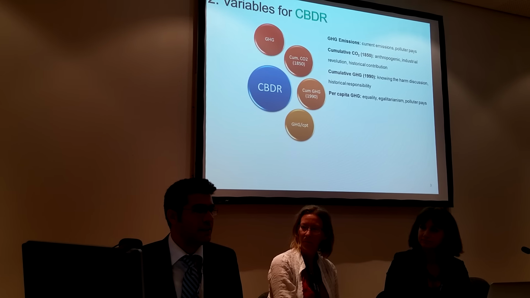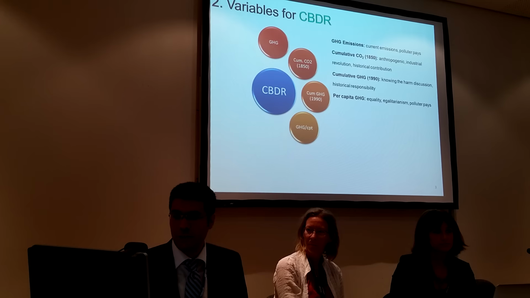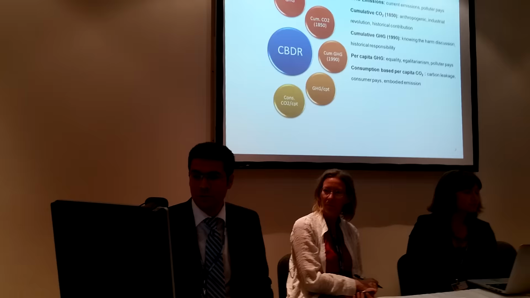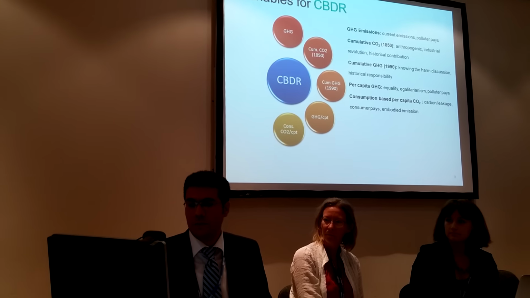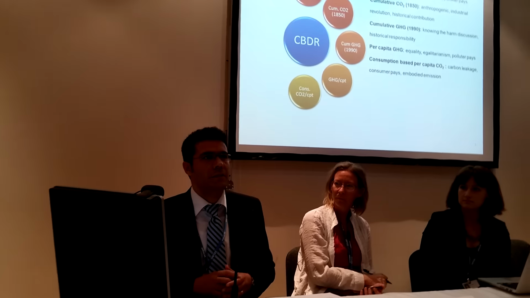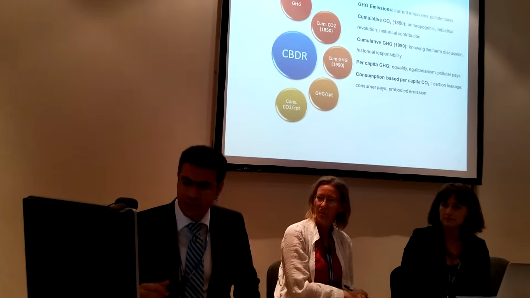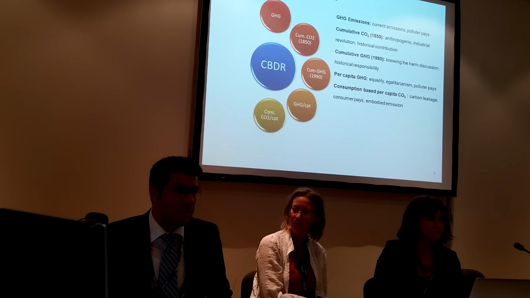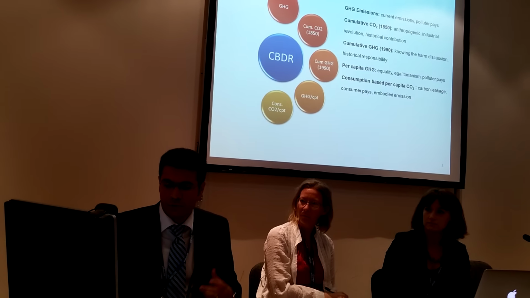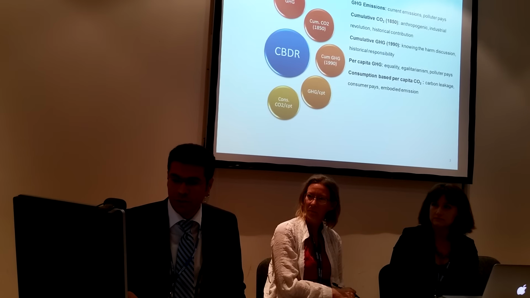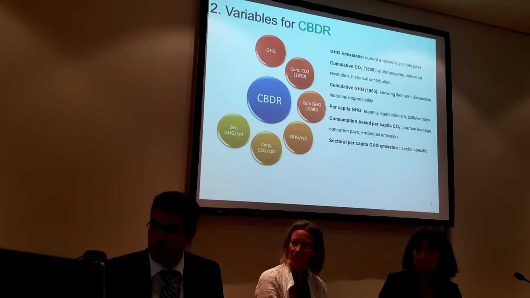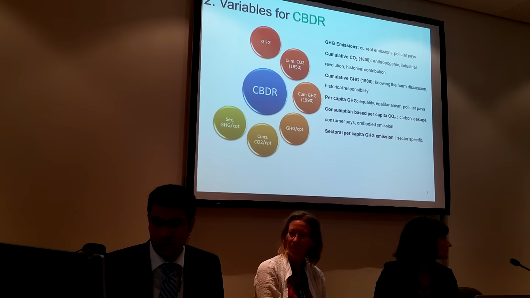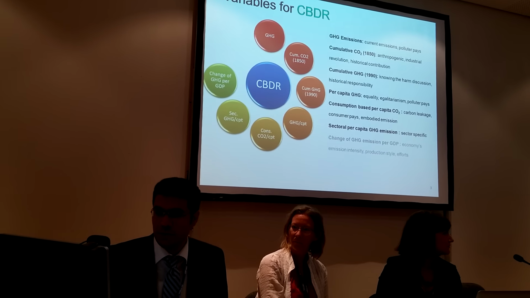And per capita greenhouse gas emission is related with the polluter pays principle, egalitarianism, and equality issues. Consumption-based emission, I try to put these indicators because carbon leakage and embodied emissions gain very importance, and I try to find some consumption issues, and sector-specific greenhouse gas emissions also can be used for the CBDR.